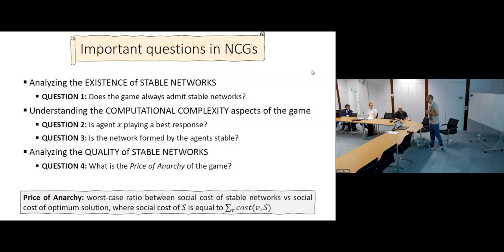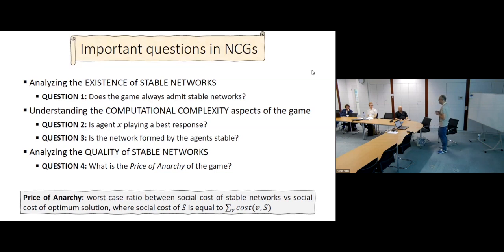And the price of anarchy is formally defined as the worst case ratio between the social cost of stable networks and the social cost of an optimal solution, where the social cost of a strategy profile S is equal to the overall sum of the costs that are incurred by all the agents in that strategy profile.